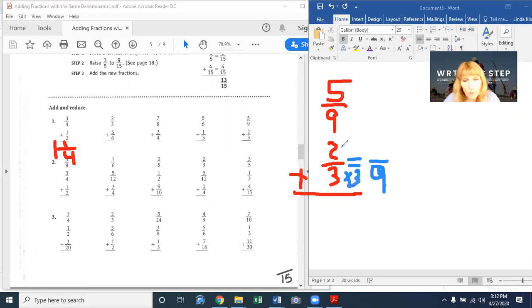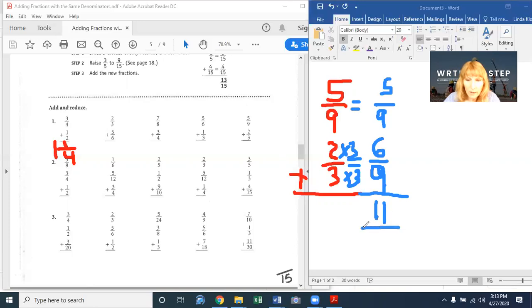And I have to do the same on the top. Whatever I multiply on the bottom, I have to multiply that same number on the top. So I have to multiply a 3 on the top. So 2 times 3 is 6. And then the top fraction, I'm just going to keep it 9ths because it's already 9ths, right? Why would I change it? So 5/9. And now I can add 5/9 plus 6/9.